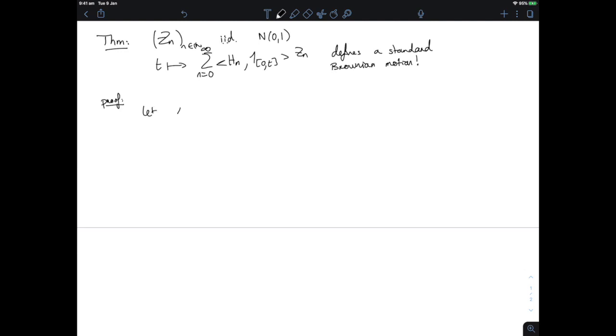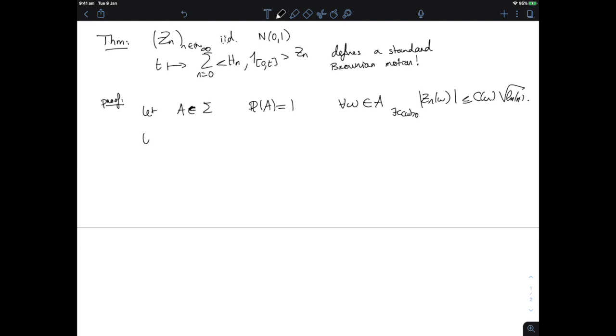So I'm going to take a set A included in sigma that has probability 1, such that for every omega in A, there exists a C of omega such that Zn of omega is smaller than C of omega times square root of log of n. We know that this exists by lemma 3.3.